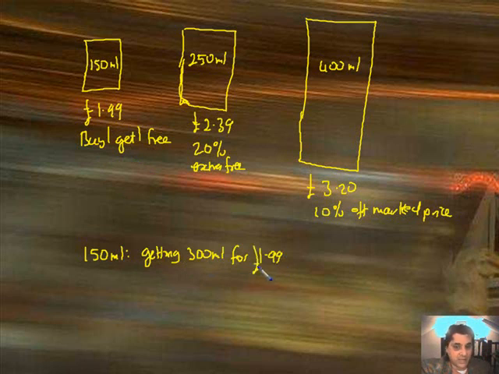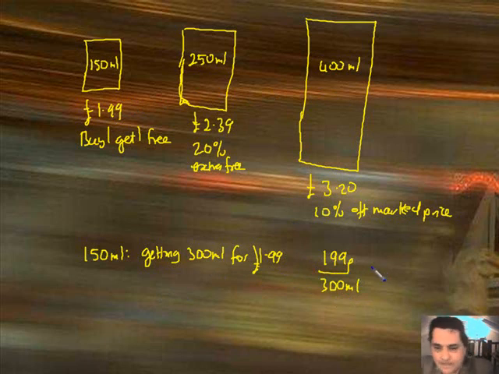Let's find the price per milliliter for each of these 3 size bottles, and then we'll decide which is the best buy. I'll take my 199 pence and divide it amongst my 300 milliliters of shampoo.